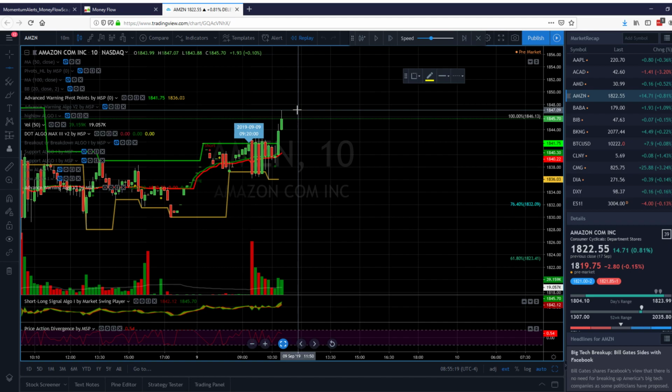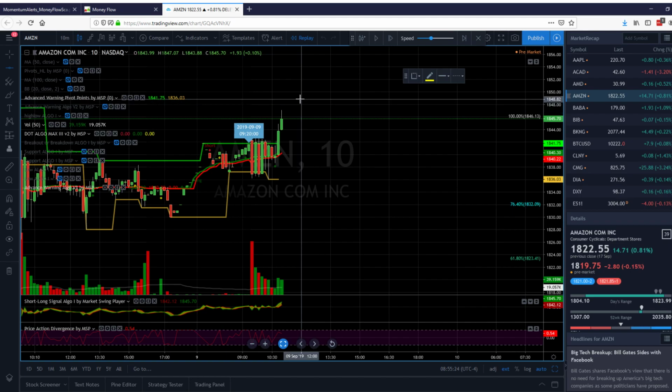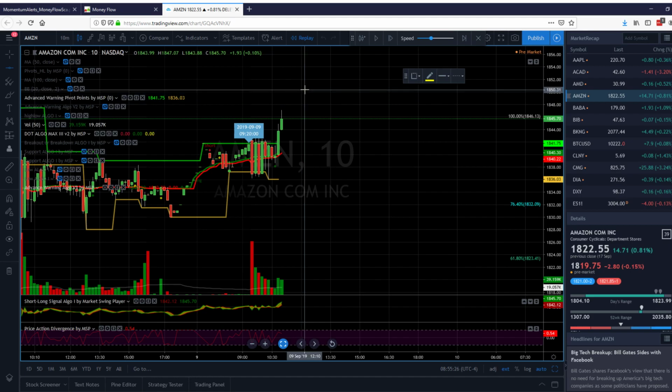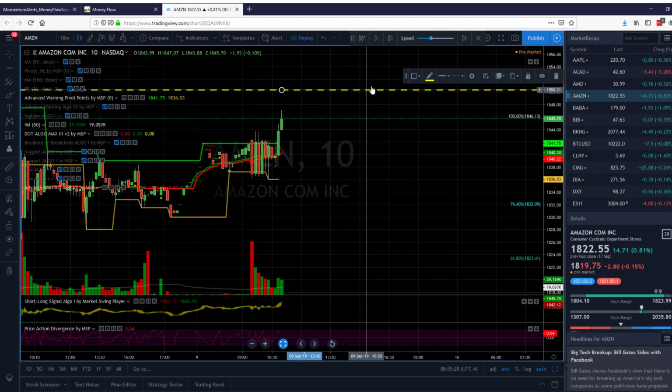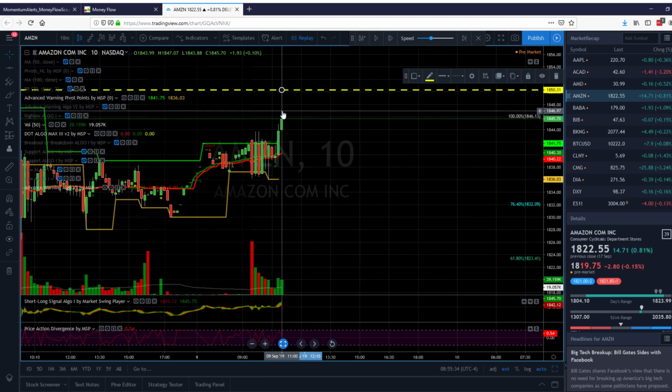We're looking to short this stock. Okay, so we're gonna put a line there. It may not get there, but we're watching to see if we start seeing selling pressure as price climbs.